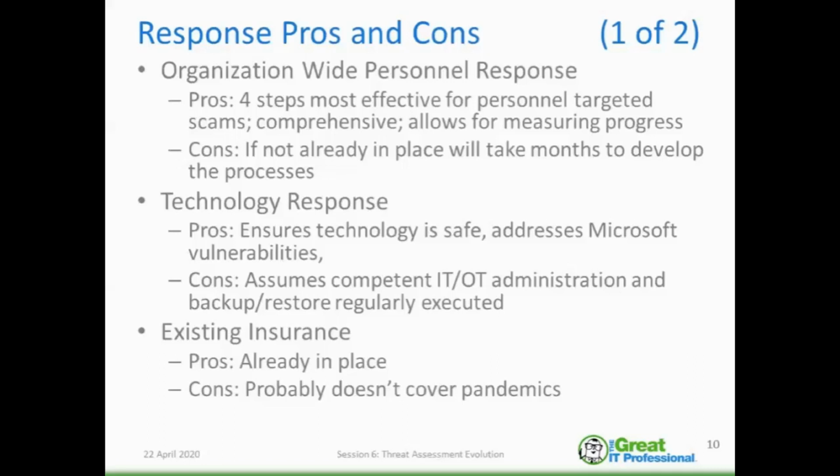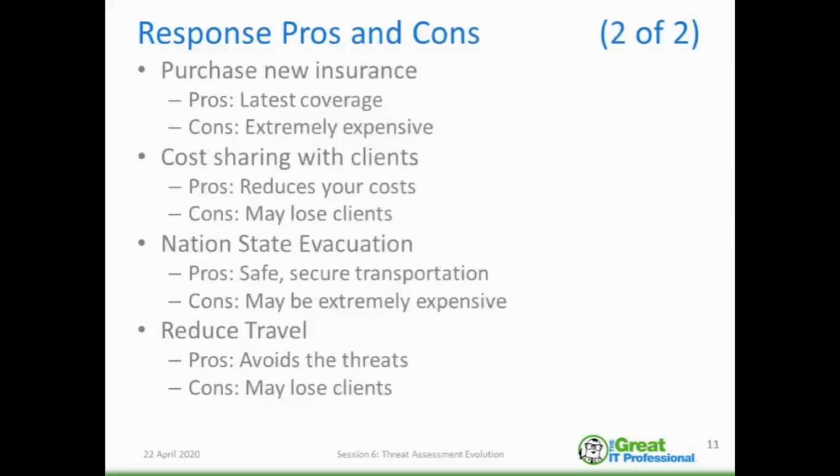So your business insurance isn't going to cover it because you've got a force majeure clause somewhere in your insurance. Purchasing new insurance, what you get with that is you get the latest coverage. The cons of buying new insurance at this point in time is it's going to be extremely expensive.